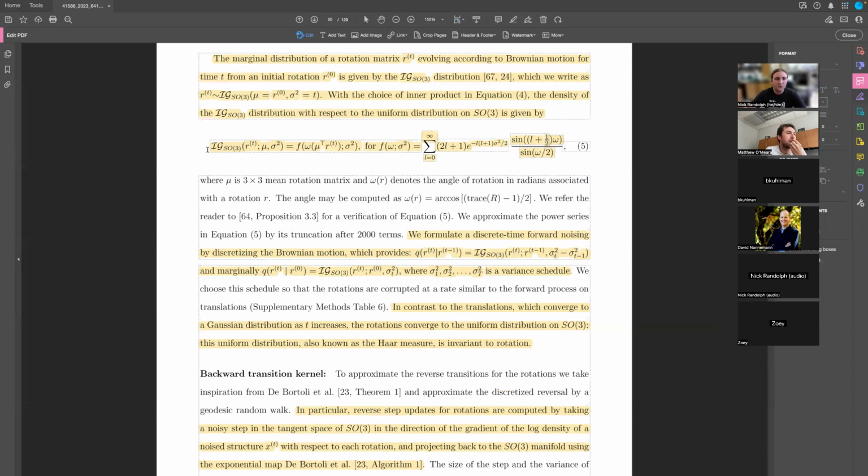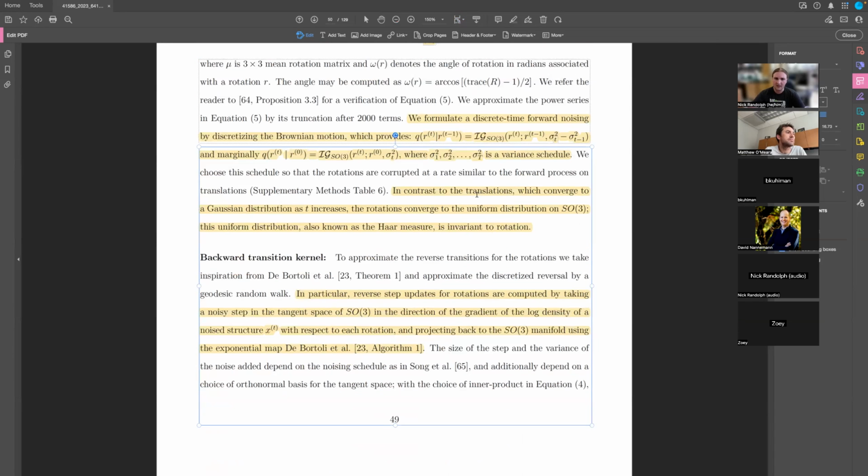But yeah, so we have this isogaussian. We can do the forward motion by sampling from this isogaussian SO3 distribution, the marginal distribution. And this is, I think, a really important point here. The translations, like I mentioned, converge to the Gaussian distribution as the time step increases. The rotations, however, converge to a uniform distribution on SO3.